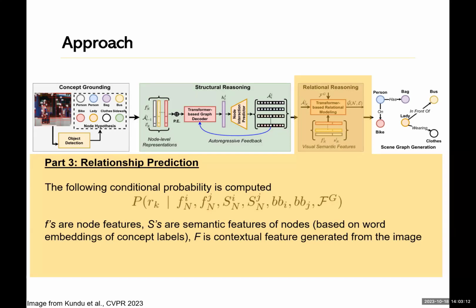So now that you have a graph, we're doing the relationship prediction, where essentially they're predicting the relationship based on the nodal features that come from the labels that are reassigned to the nodes in this step here. Because those labels are updated, you have features that go along associated with those labels. No, that's actually the semantic feature.